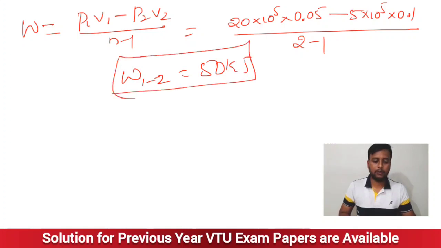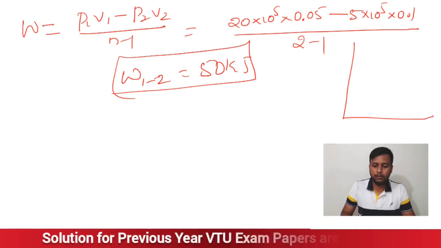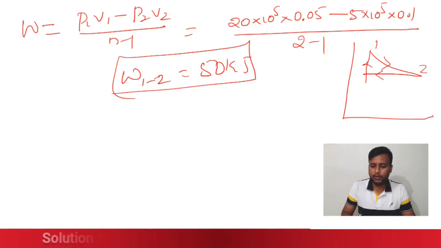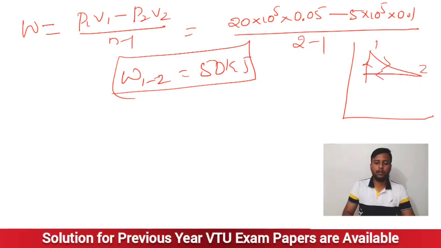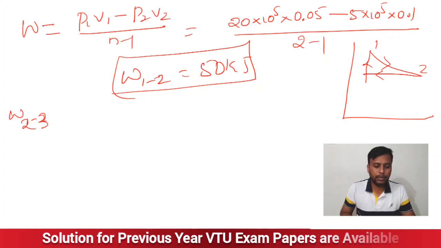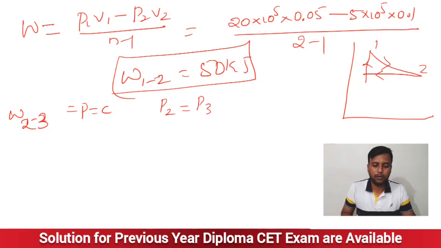Now 1 to 2 has 50 kilojoules of work done. Next, the work done during 2 to 3, where the pressure is constant. P2, which I have already calculated, is equal to P3.